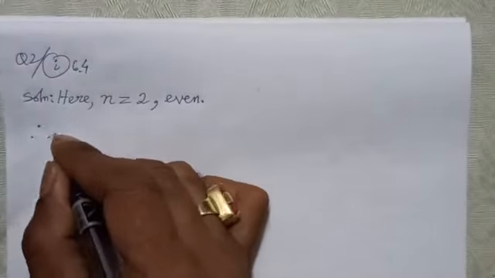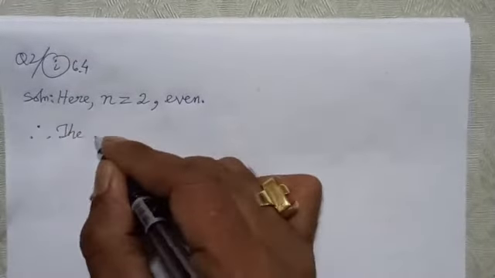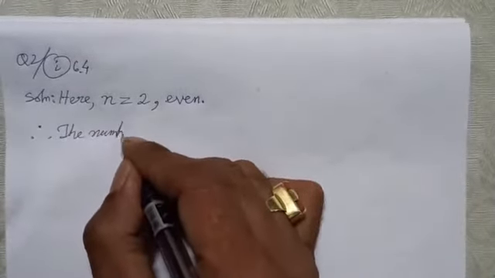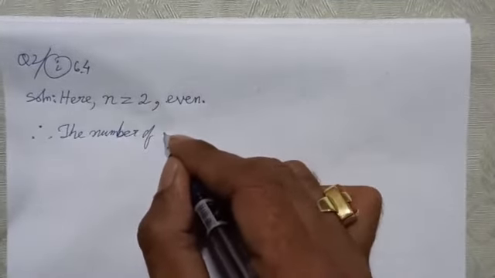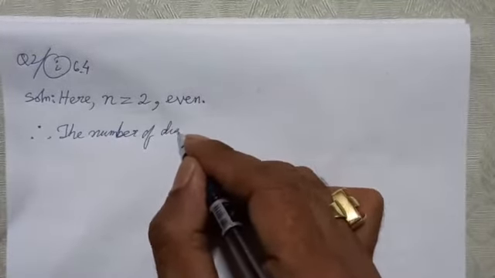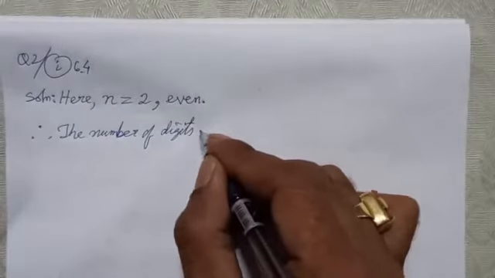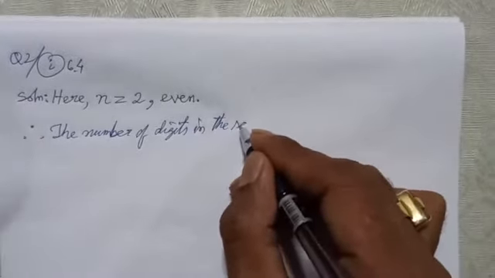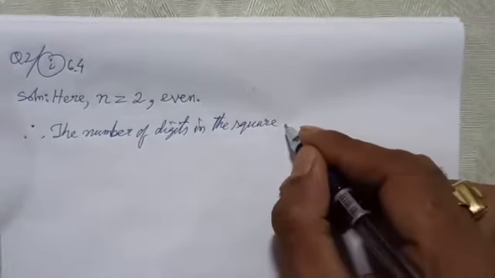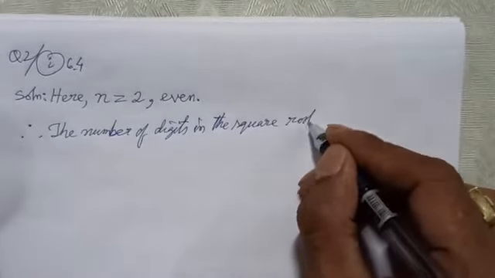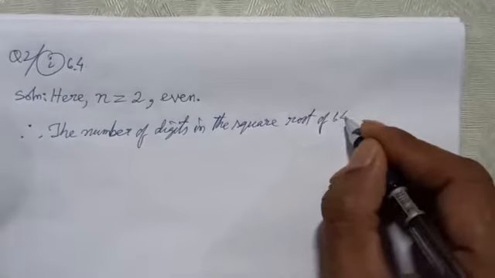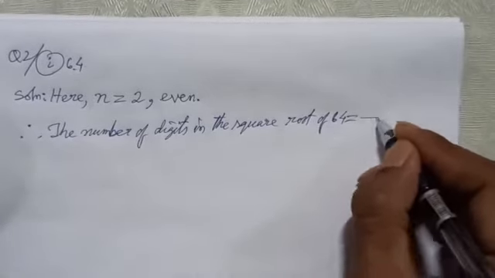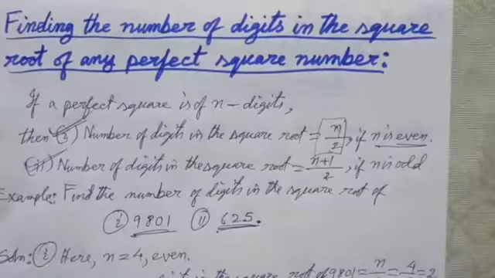Therefore, the number of digits in the square root of 64 is equal to, now let's use this.